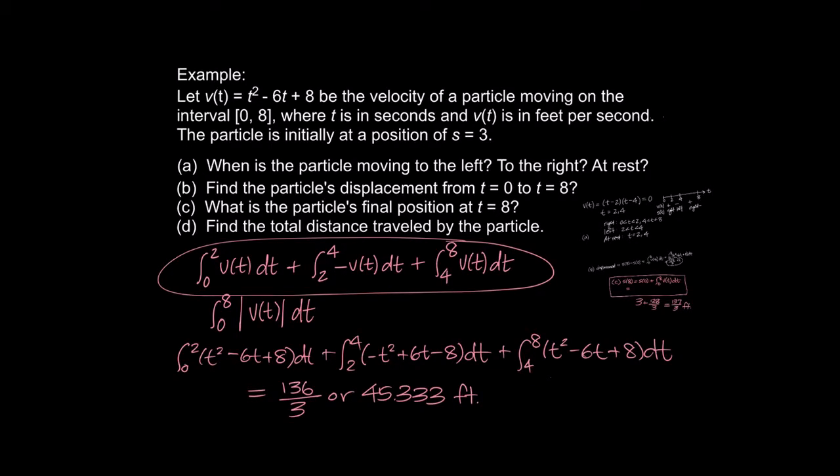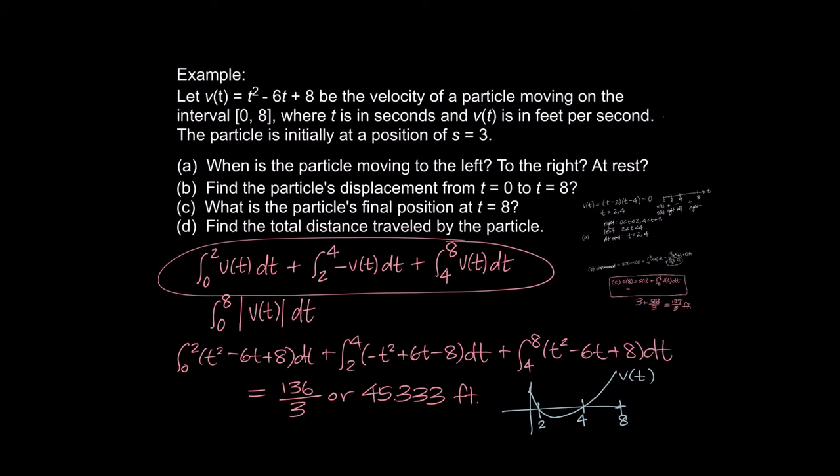Okay, so now a little graphical interpretation of this. If I were to graph the velocity graph, from 0 to 8, it would look something like this. This right here is 2, this right here is 4, and this right here is 8. Again, please excuse the scaling here. The point is that velocity is negative from 2 to 4 and positive from 0 to 2 and 4 to 8.